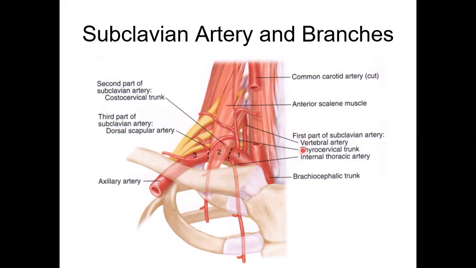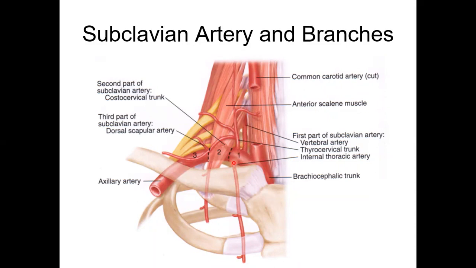So it's the VIT of vitamins. And then the C was for the costocervical trunk, and the D was for the dorsal scapular artery. So vitamin C and D was the mnemonic that me and my classmates used to chunk this information together. So first branch off of subclavian, vertebral artery.